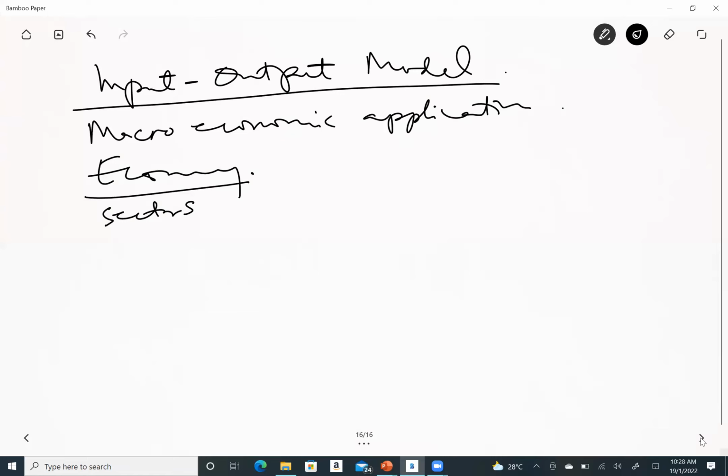Because there are so many industries, so many firms, producers, and products in our economy, they normally combine them into sectors. Now, give me one sector. Anybody?